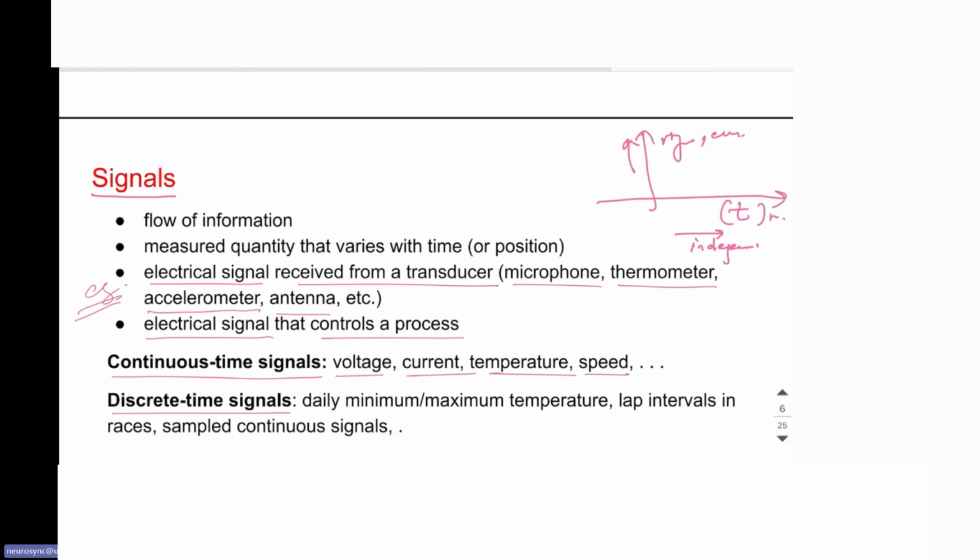Examples of discrete time signals are the daily maximum and minimum temperature of your city, which is in discrete form, then a sampled continuous signal, and lap intervals in races. We get information in discrete form, so those are the discrete time signals.